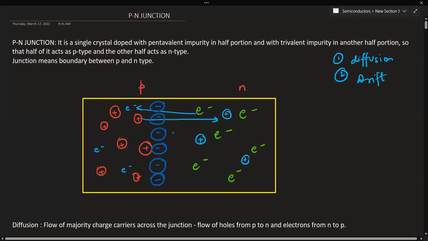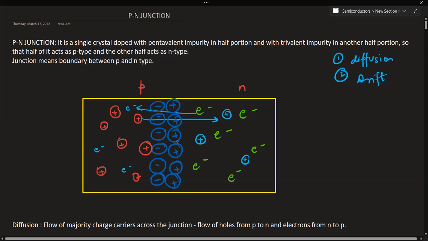So similarly, as the electrons diffuse from n to p side, they leave behind positive donor ions, which set up a layer of positive space charge region on the n side of the junction. Now, as you can see, a negative region has been created and a positive region has been created due to diffusion of holes and electrons because of the respective concentration gradient.